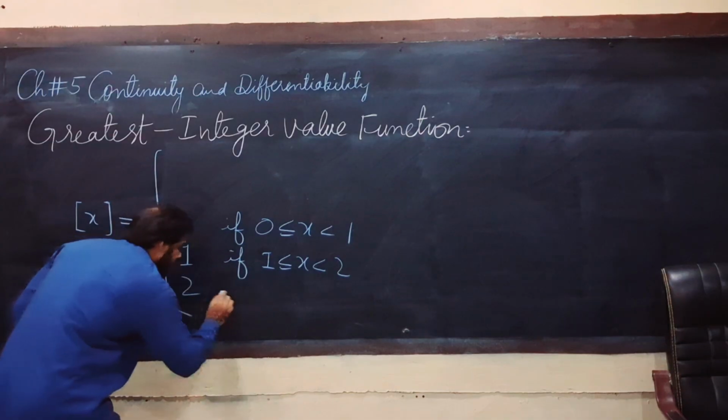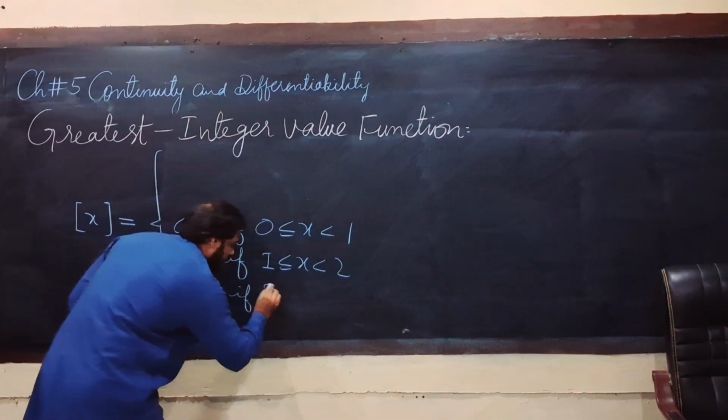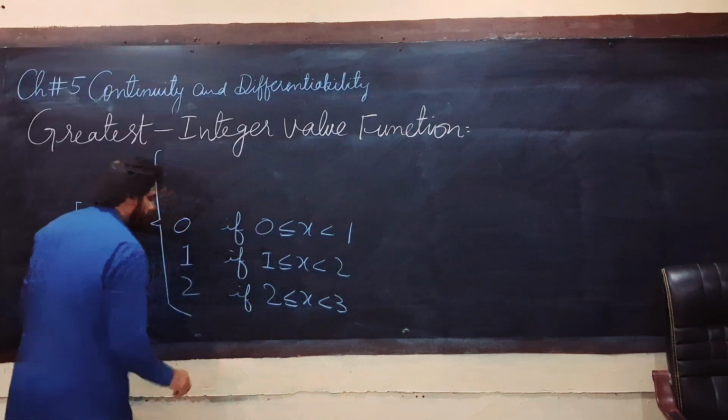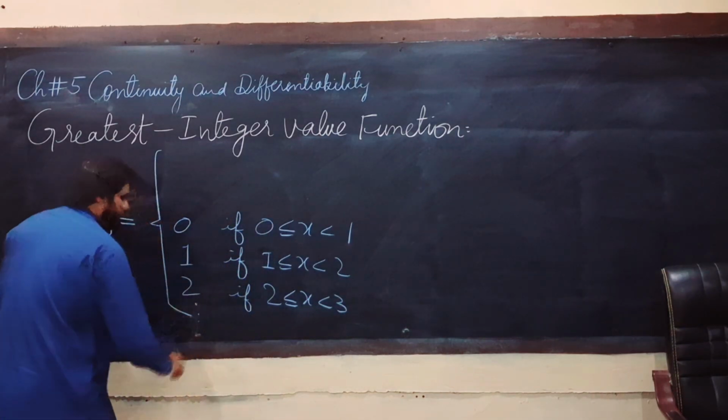Its value is 2 if your x lies between 2 and 3, where 3 is not included but 2 is, and so on.